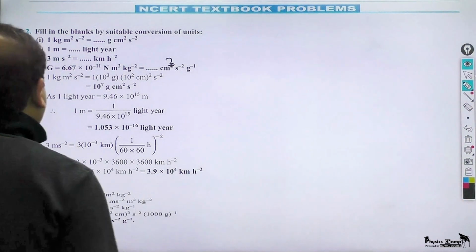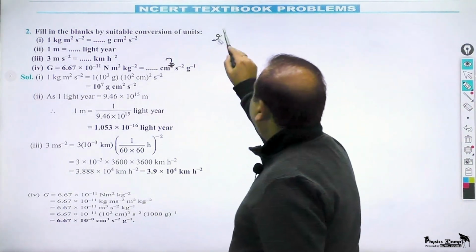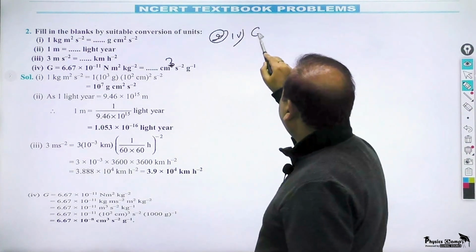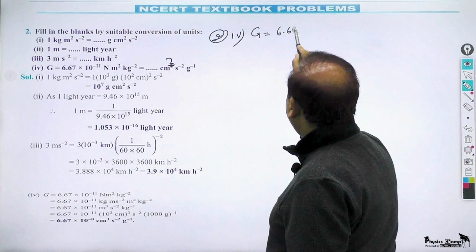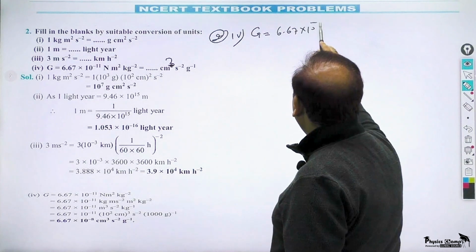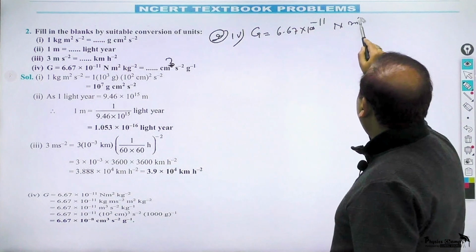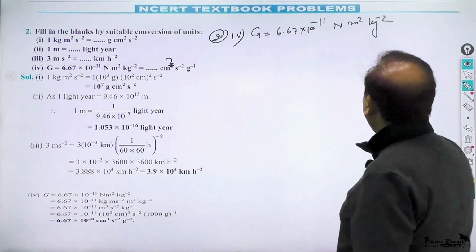So the fourth part of this NCERT question 2 talks about universal gravitational constant, which has a value 6.67 into 10 to the power minus 11 Newton meter square per kilogram minus 2, like that.